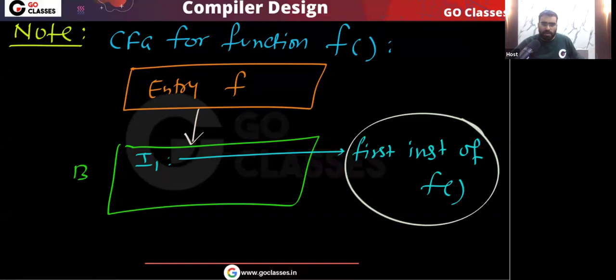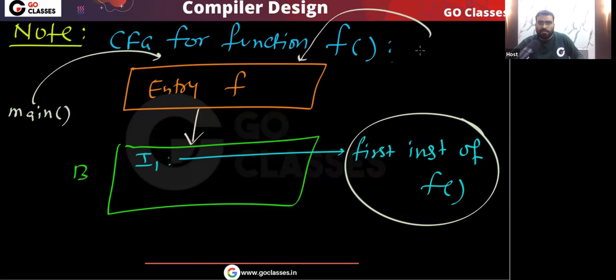Very simple point. You might be coming from some other place, maybe from main, maybe from G. I hope you are getting the point. You are coming from some other place, but the first instruction you will execute in f will be the first instruction of f.